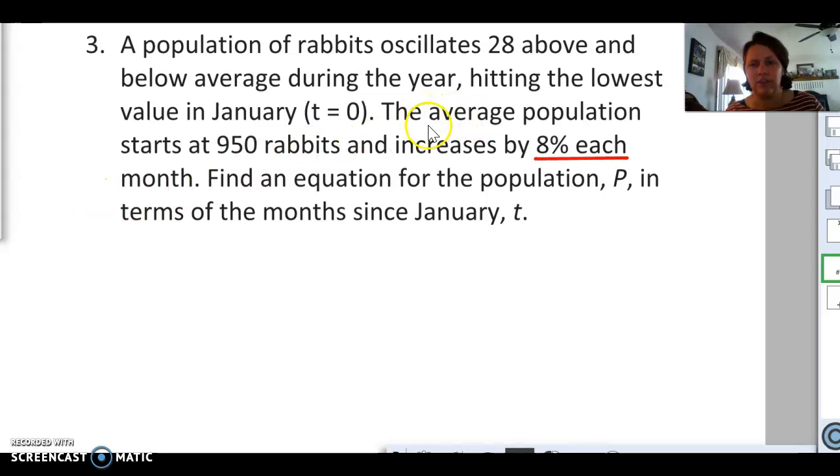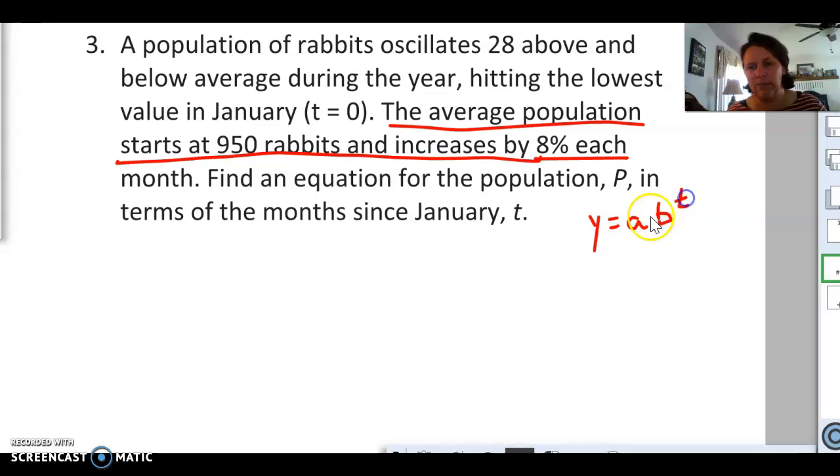So the average population, again, that means our midline, starts at 950 and increases by 8%. So let's look at what our exponential equation looks like. We have y equals a times b to the t. So what do these values mean?